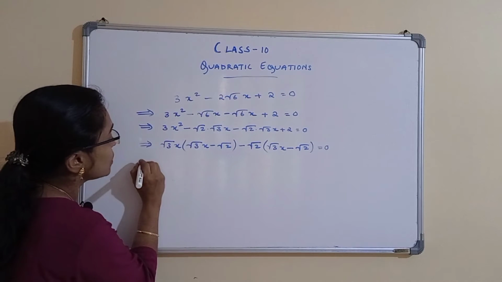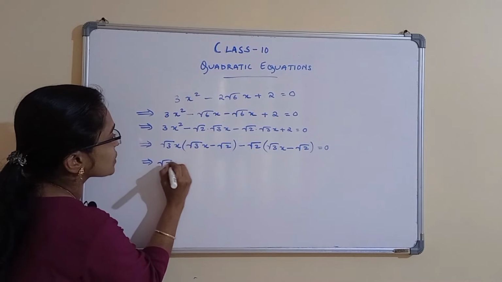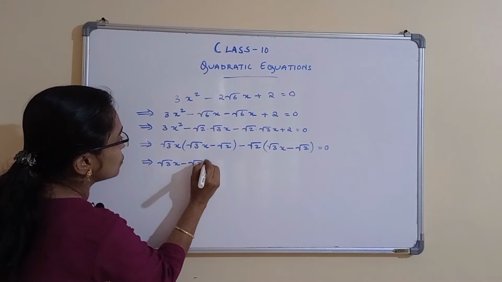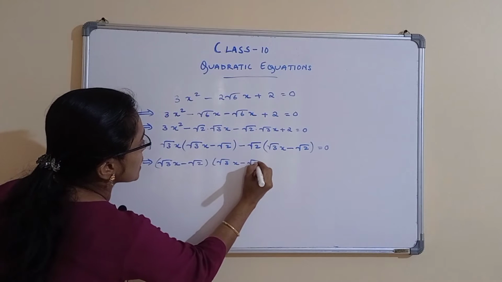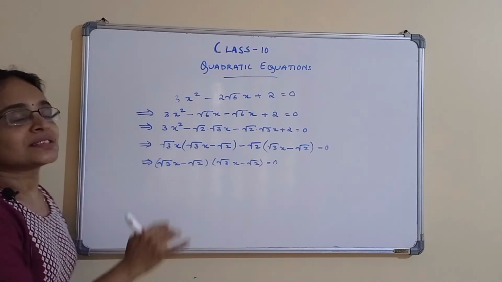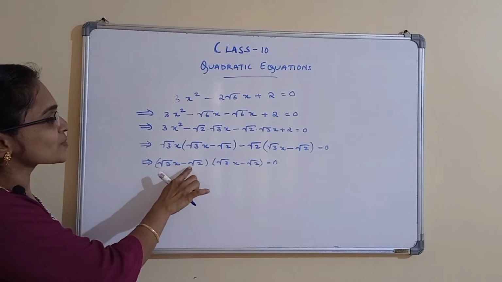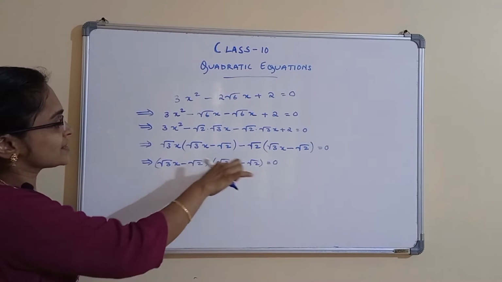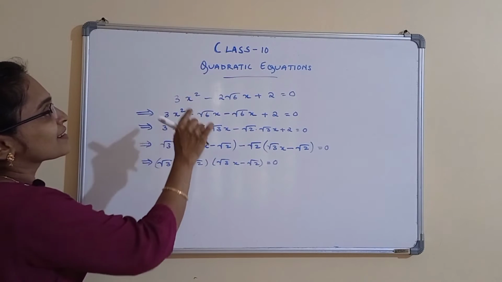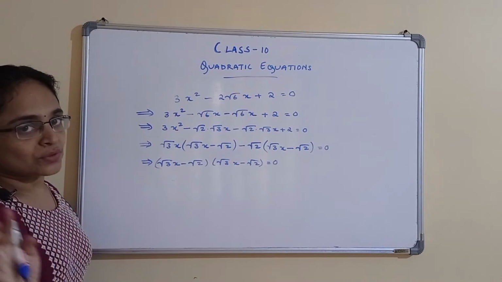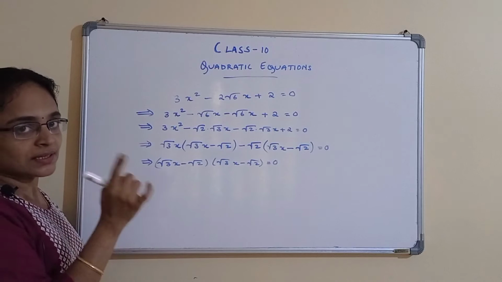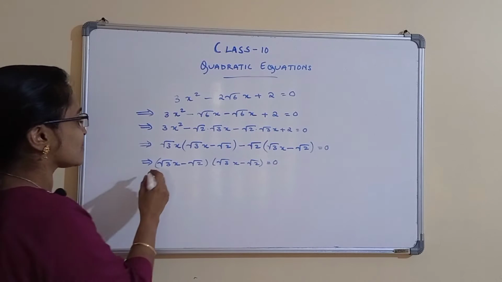Right. So this implies root 3x minus root 2 into root 3x minus root 2 is equal to 0. So this is the same as root 3x minus root 2 the whole square is equal to 0. That is, 3x square minus 2 root 6x plus 2 equal to 0 is the same as root 3x minus root 2 the whole square is equal to 0.